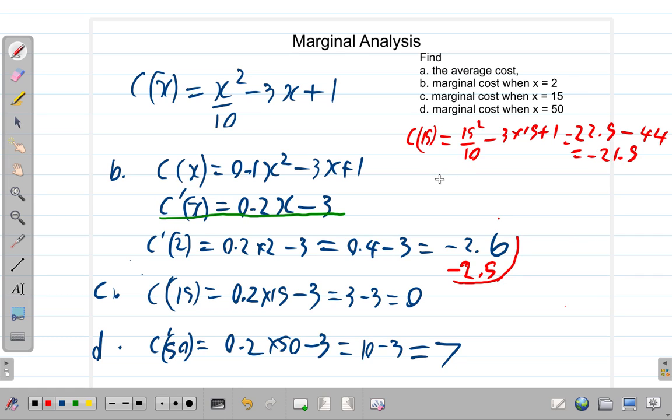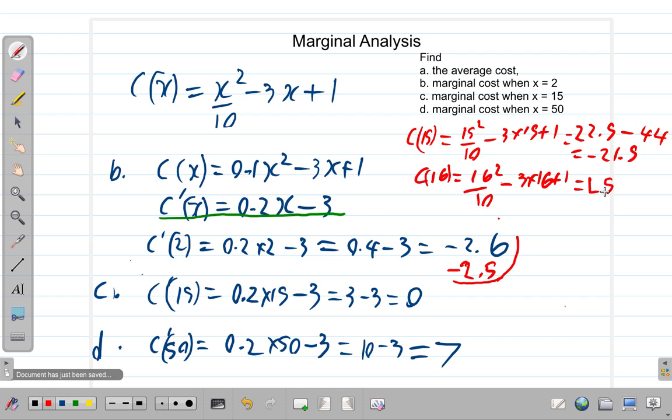Now what about C of 16? C of 16 would be 16 squared over 10 minus 3 by 16 plus 1. 16 squared is 256 over 10, which is 25.6.